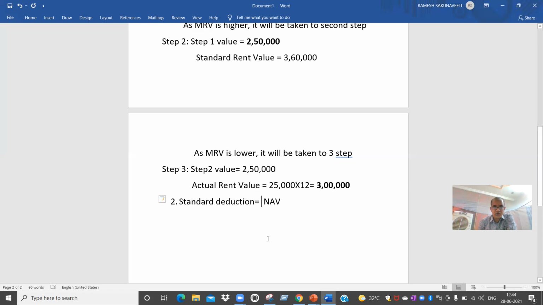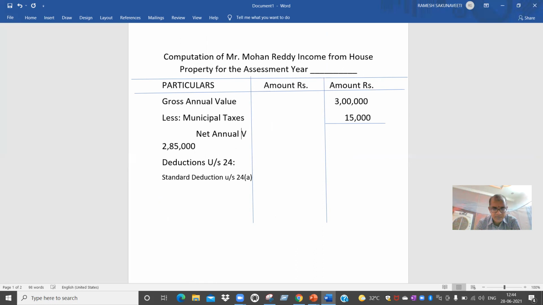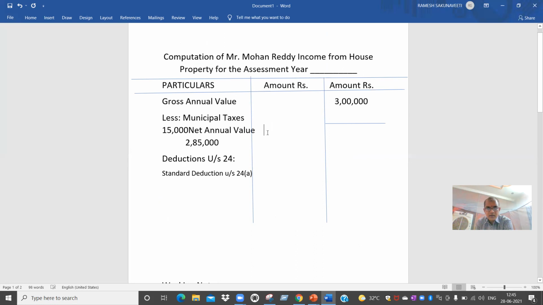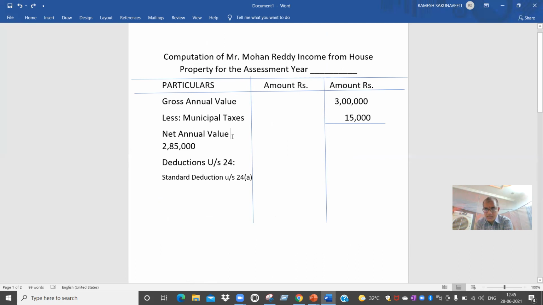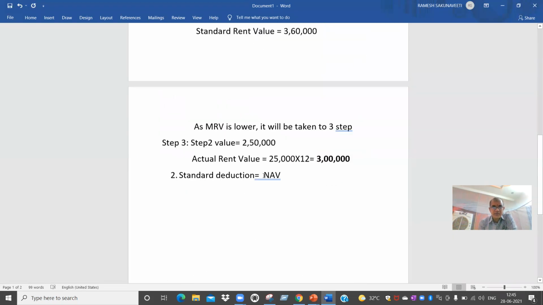Standard deduction is equal to 30% of net annual value. On net annual value, 30% I mentioned.